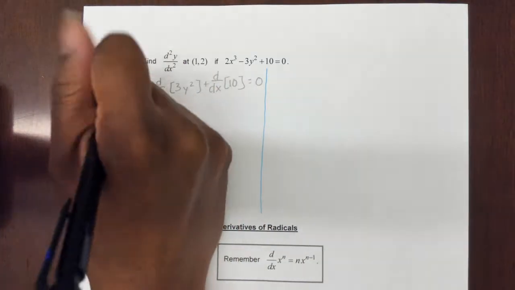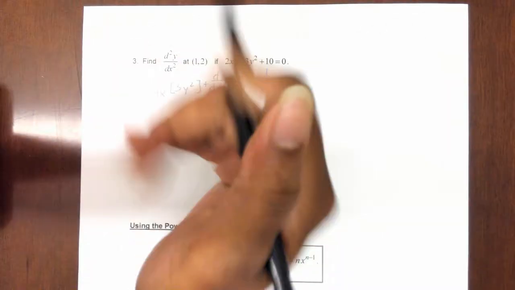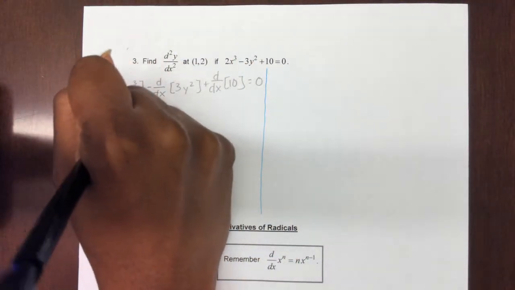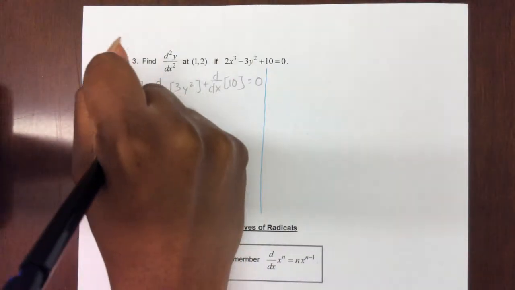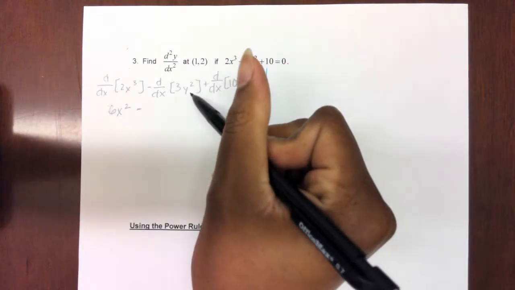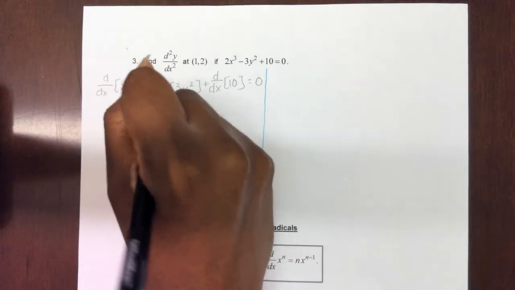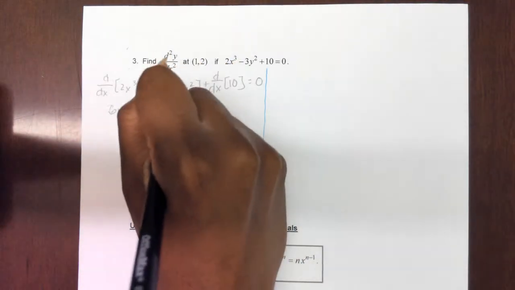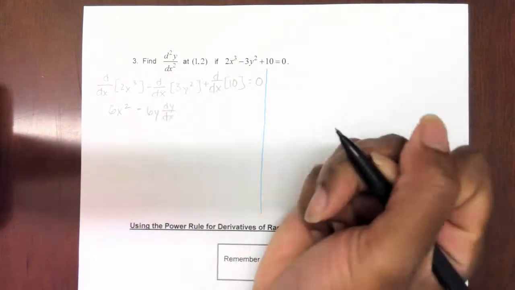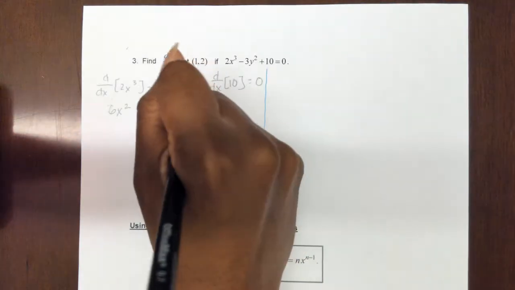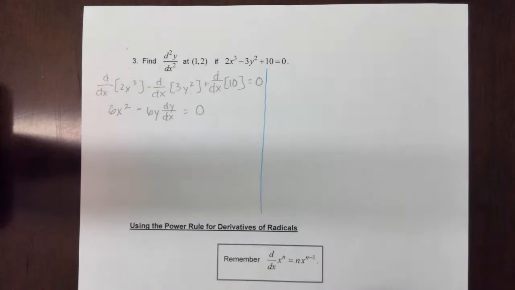So derivative here, we get 6x squared minus the derivative here, we get 6y dy/dx plus the derivative of 10 is 0, and that's going to equal 0.